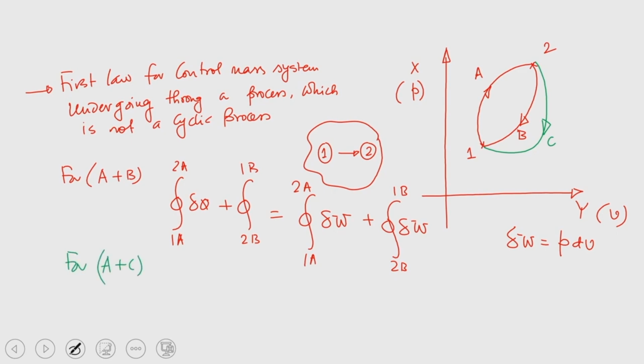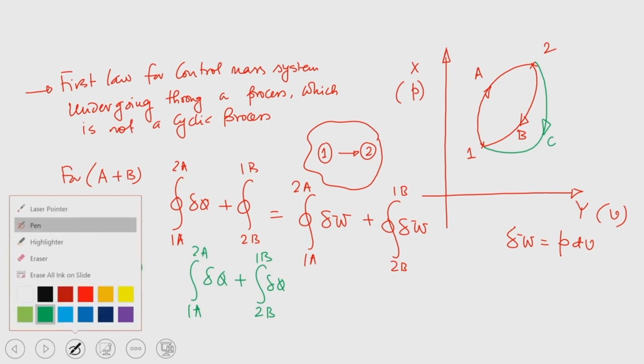For processes A plus C, we can write the integral from 1A to 2A of delta Q plus the integral from 2B to 1B of delta Q. I forgot to write delta Q over here.